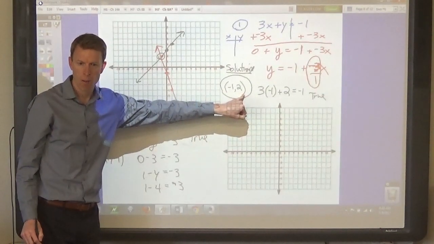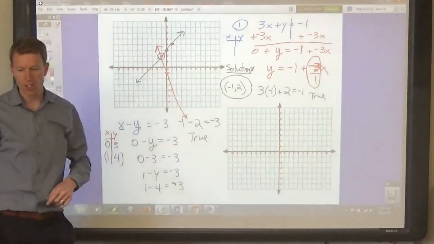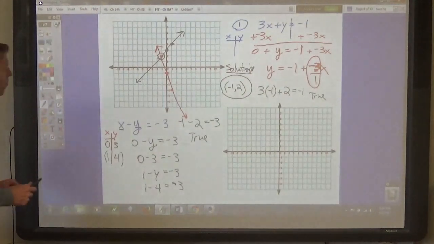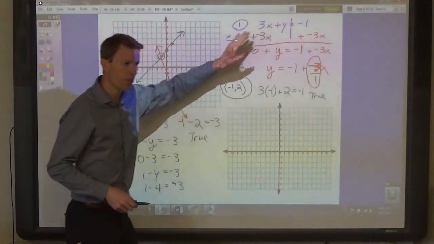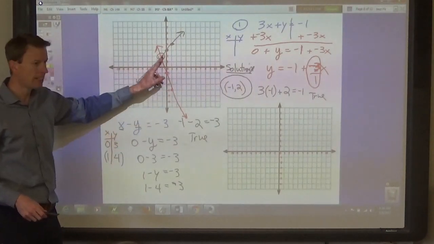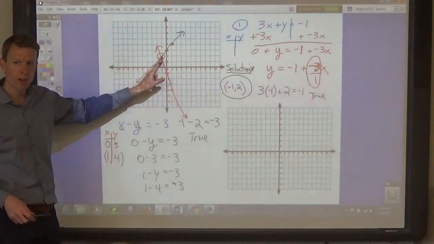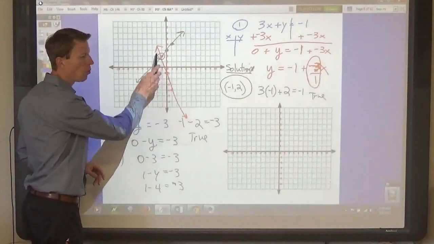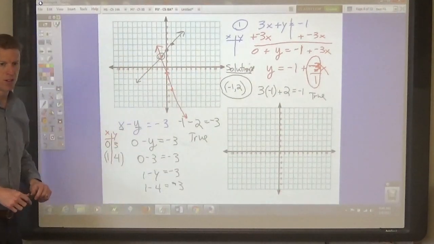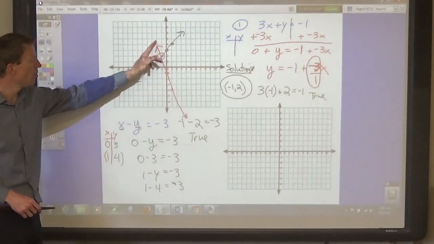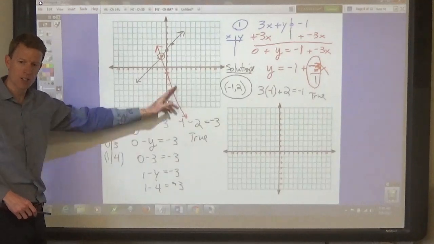And that's what you have to do to find the solution to a system. First you have to graph both, find the point of intersection. This is where it's really helpful to be able to graph more than 2 or 3 points. When you're graphing, you can follow the slope and mark as many points along that slope as you want.